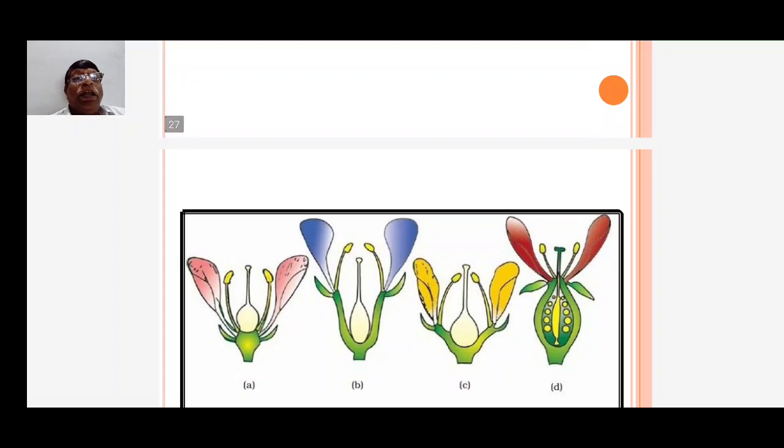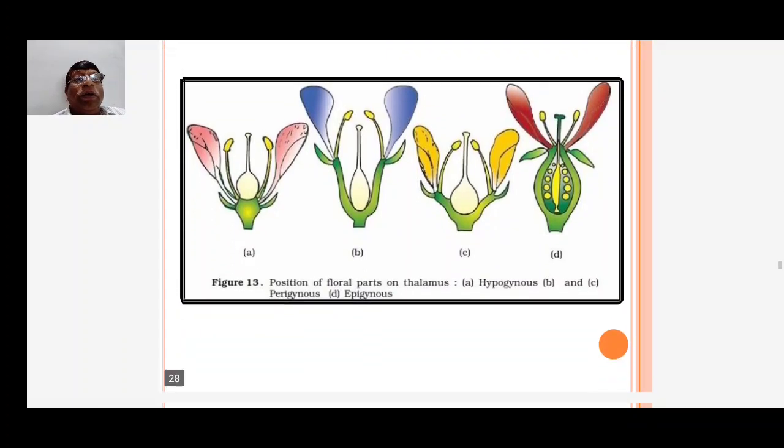Next, this is very important. Examination-wise, definite in CET or NEET examination, definite. Here we come across three types of flowers with respect to the position of floral parts on the thalamus. Hypogynous flower, perigynous flower, epigynous flower.